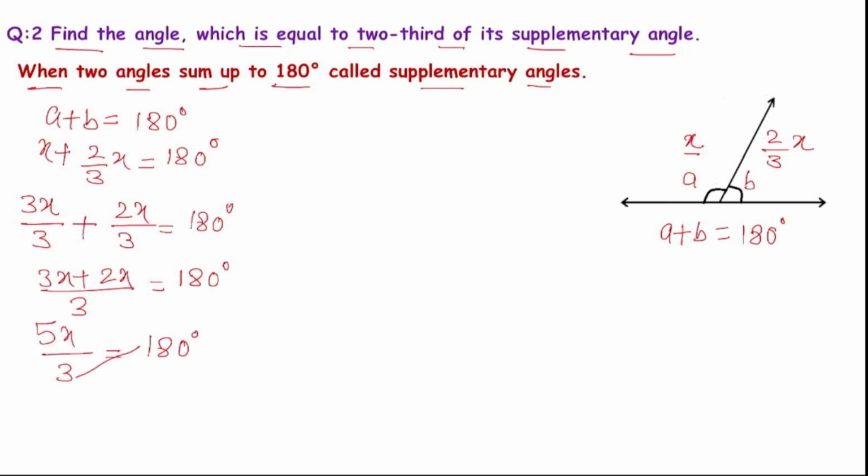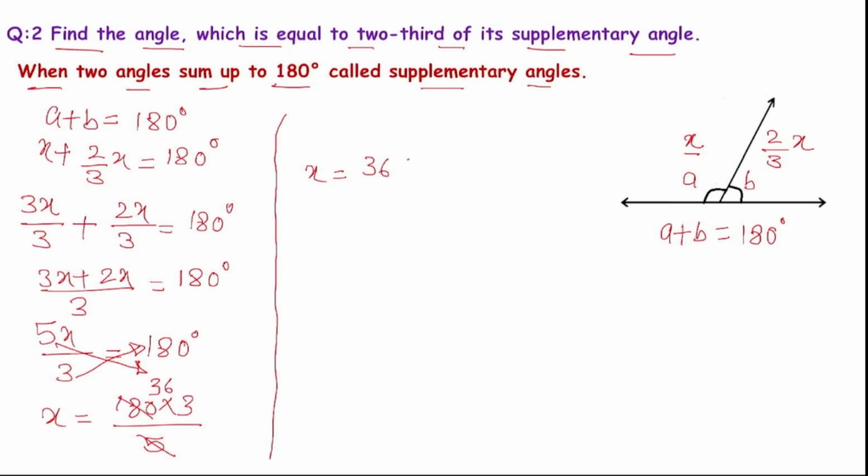Now this 3 will go up and this 5 will come down here. So 180 times 3 over 5. Now cancel 180 and 5, it will go by 36. So X equals 36 times 3, which is 108 degrees.